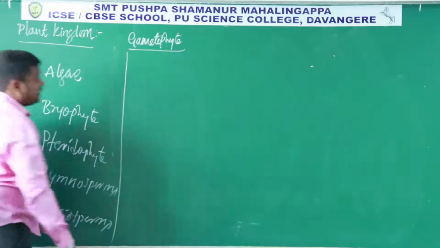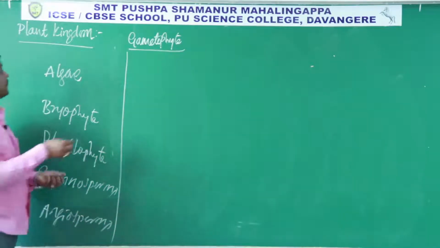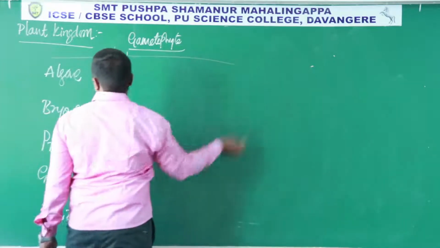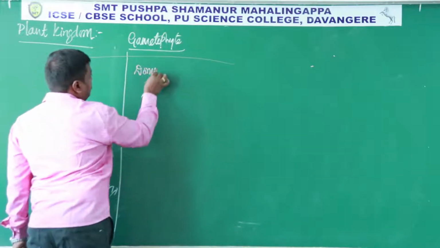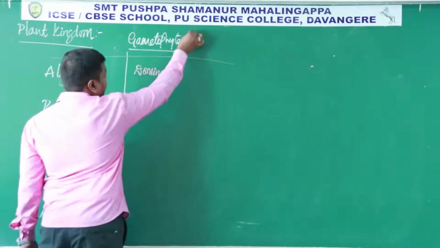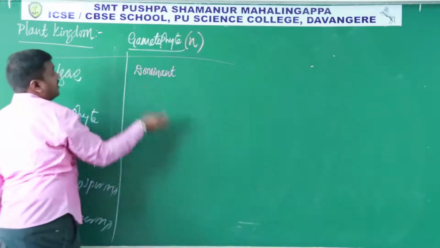So let's see how the gametophyte is. In case of algae, gametophyte is dominant. Remember, gametophyte is always haploid.